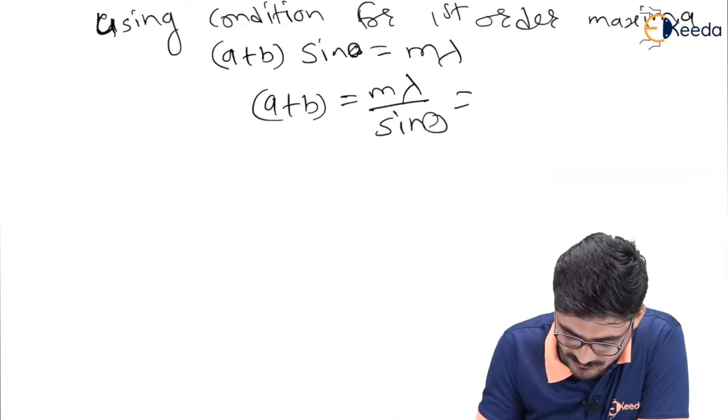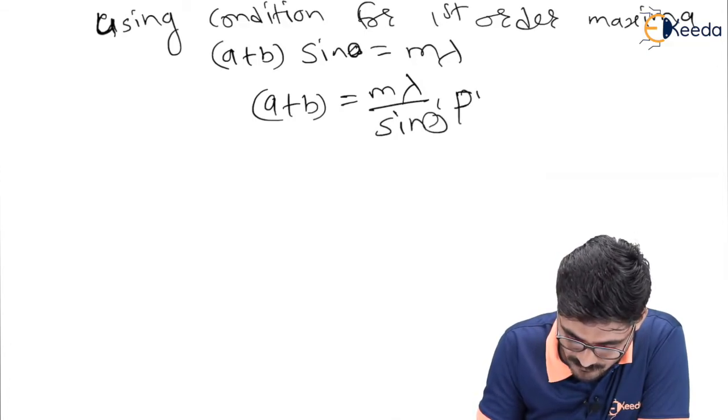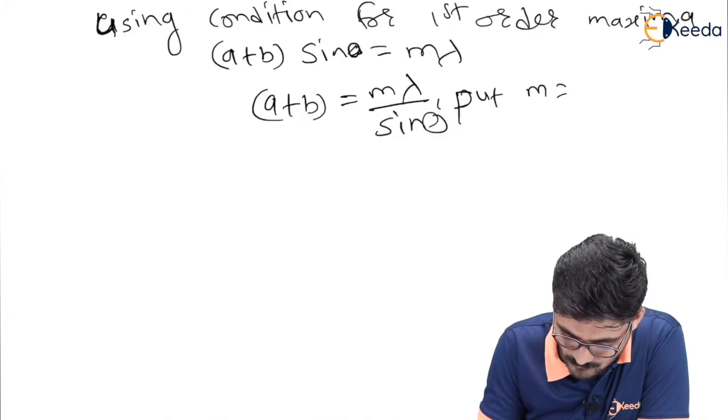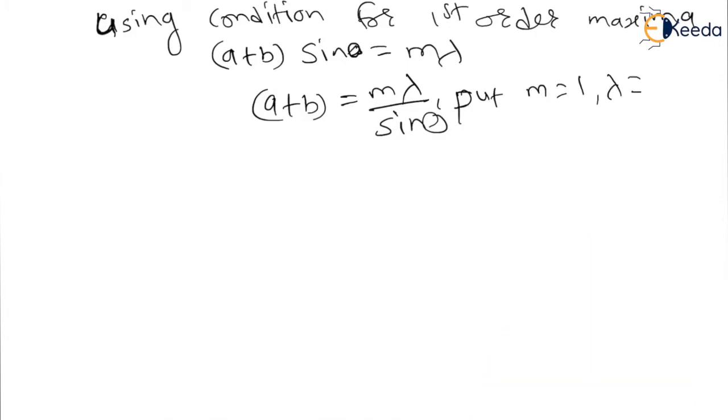Now repeat the procedure. Put m equals 1, lambda is 6560 into 10 raised to minus 8, and theta is 16.28 degree.